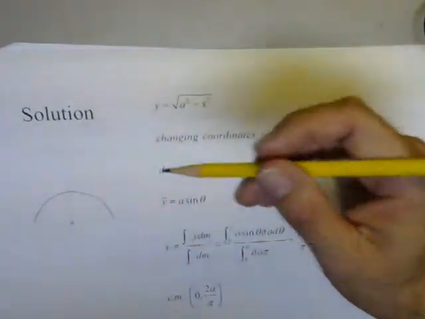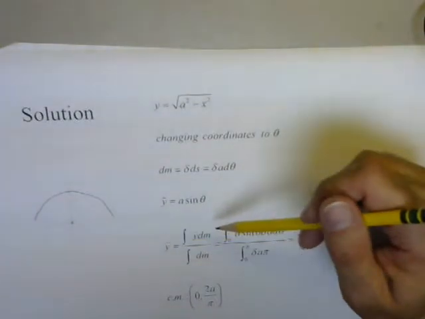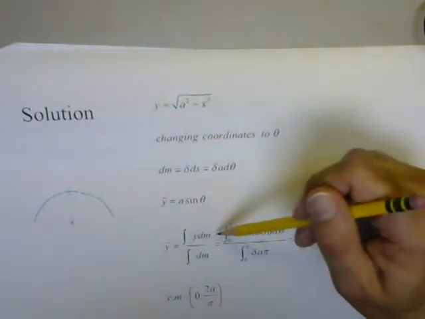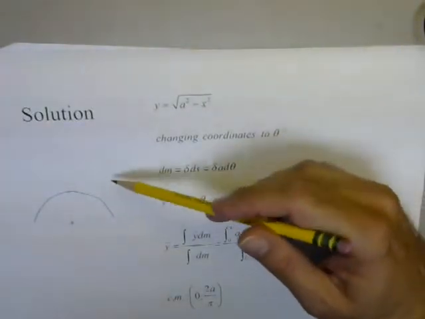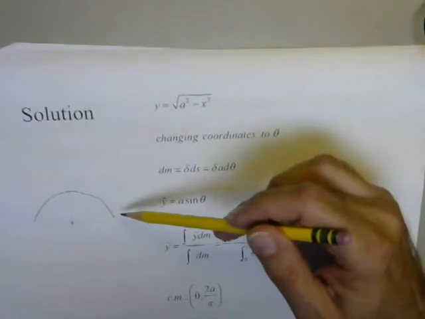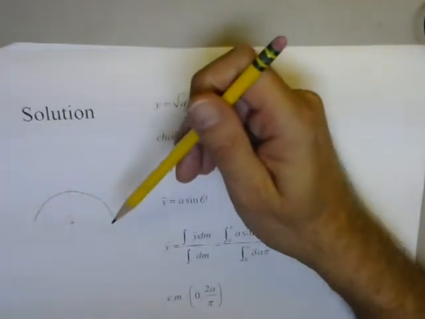It's pretty clear that that's going to be 0. We can calculate it out. But let's just calculate y bar, the center of mass in the y direction. That's going to be this, divided by the mass of the wire. And the wire is just circles or semicircles, so you wouldn't really have to use calculus to calculate that, right?